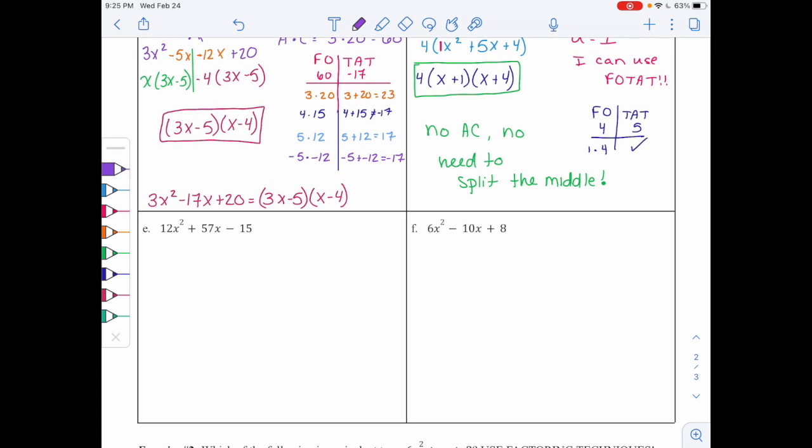Problem E, no GCF, A is not 1, A is 12. So we've got AC is 12 times -15, -180. Yikes. Factors of -180 that add to 57. So they're probably going to be bigger numbers.